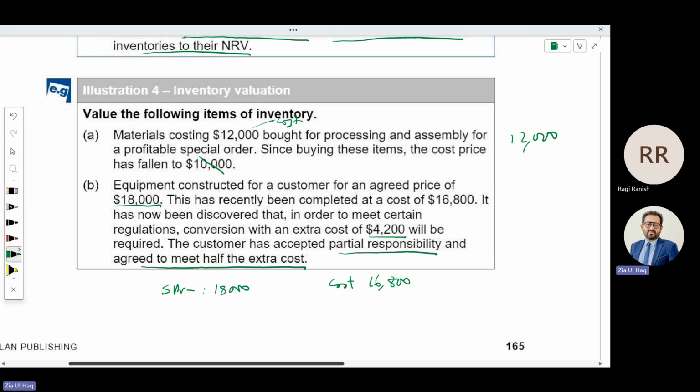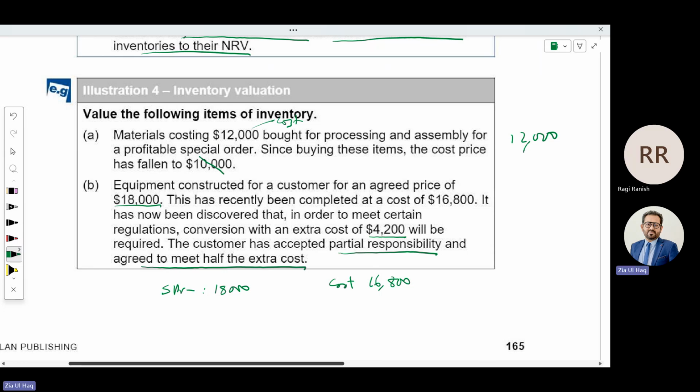The inventory has been completed now. Conversion with an extra cost of 4,200 will be required. The customer has accepted partial responsibility and agreed to meet half the extra cost.